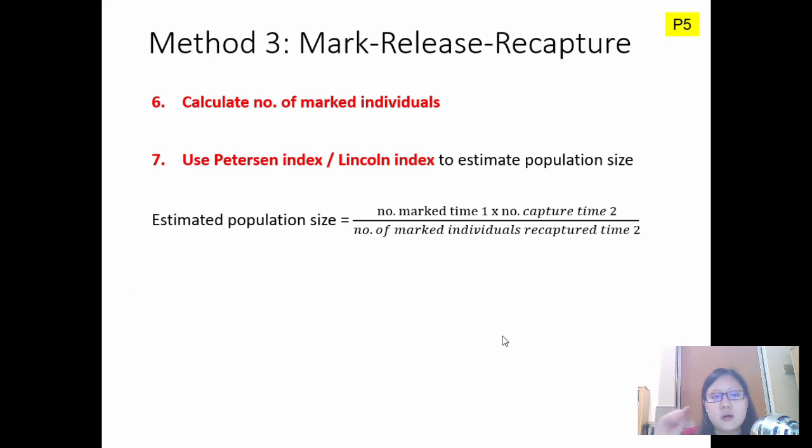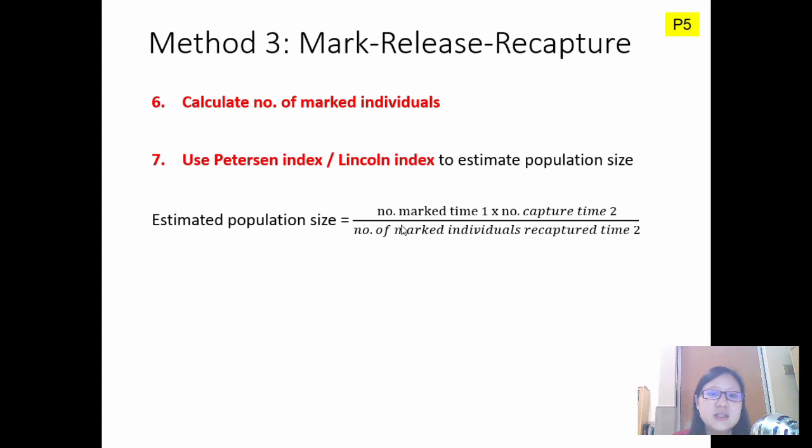Okay, and then you calculate the number of marked individuals in that particular second capture, and then you use this index. It's called Peterson index or Lincoln index. Okay, these are actually two people who figured this out, and used this to estimate population size.